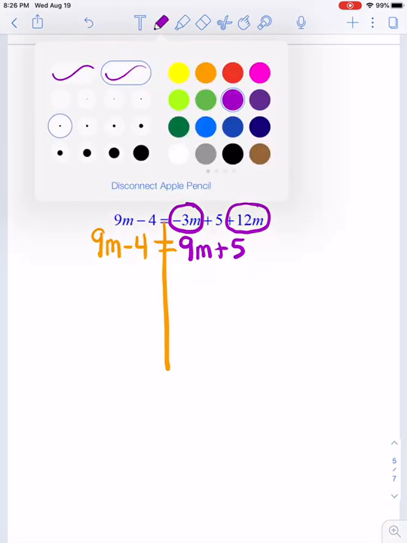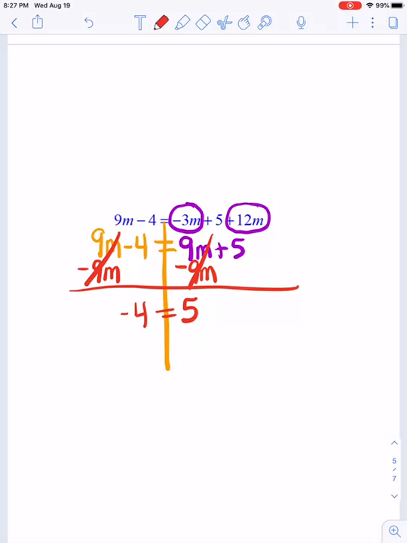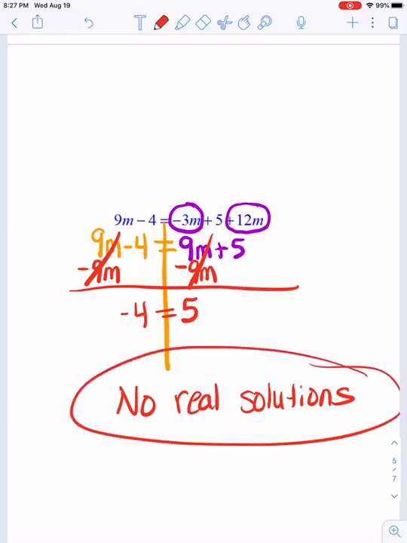Just like the last one, when I move my variables to the same side, if I subtract 9m from the left-hand side and do it on the right-hand side, notice, again, my m's cancel out, and I'm left with no variable, but in the end, I'm left with negative 4 equals 5. So since negative 4 does not equal 5, that means that we have no real solutions. That means there's nothing we can plug in for x in order to make our equation true.